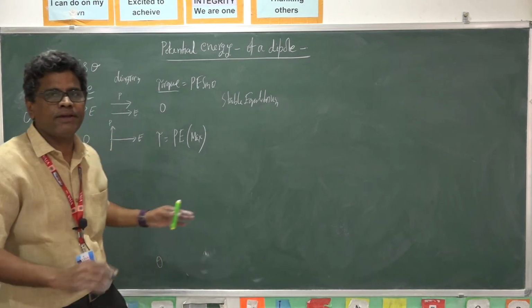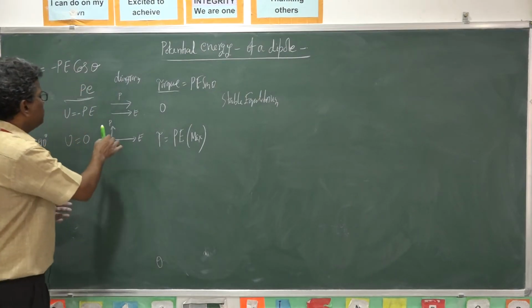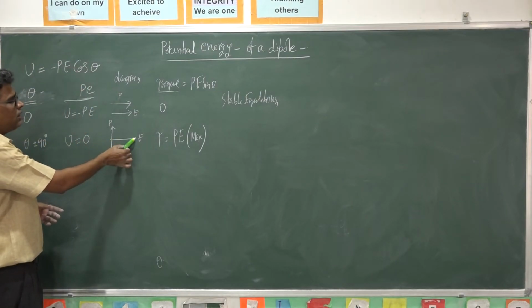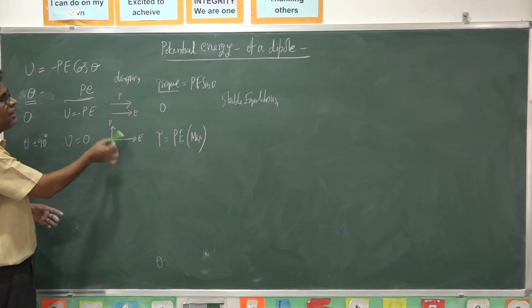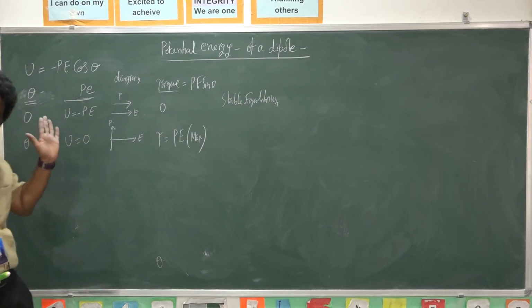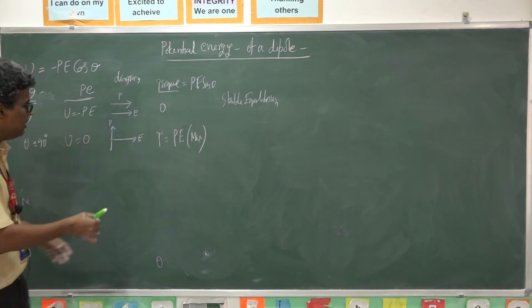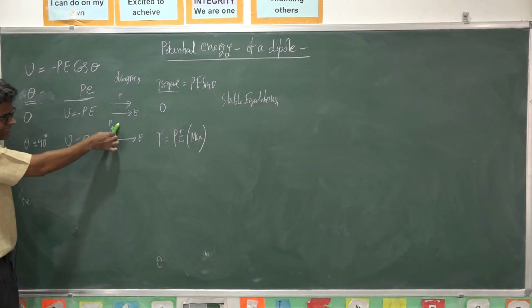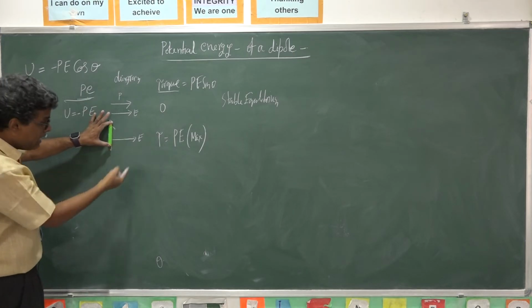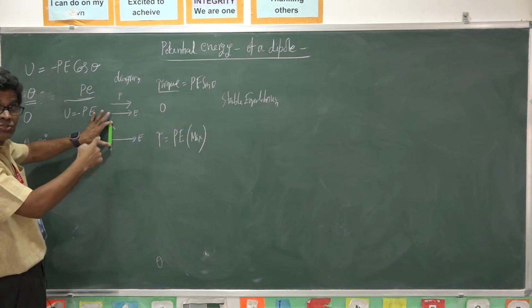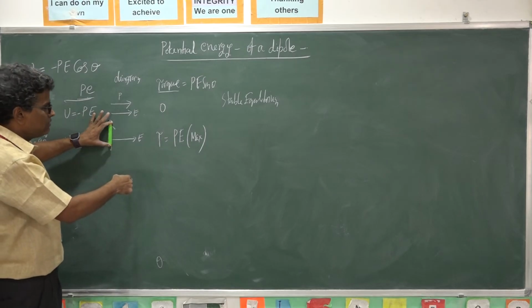Same thing happens here. If you keep the dipole perpendicular to the field, it aligns automatically in the direction of the field. If you rotate it like this and keep it like this, you are doing work against the field. That will be stored in the form of potential energy.